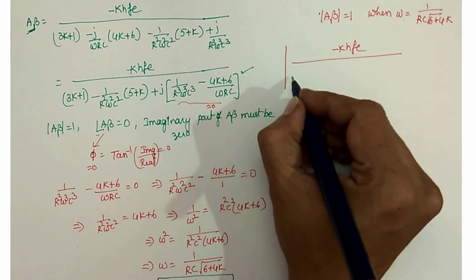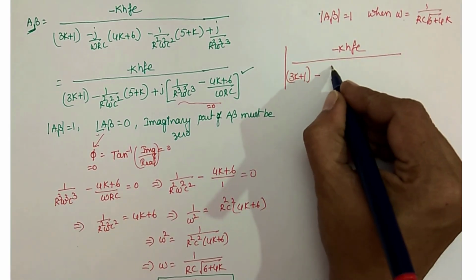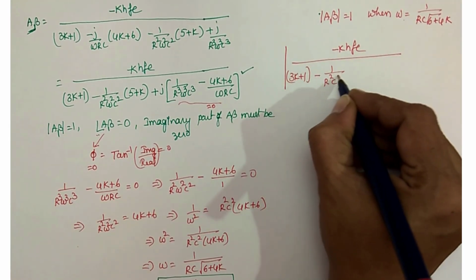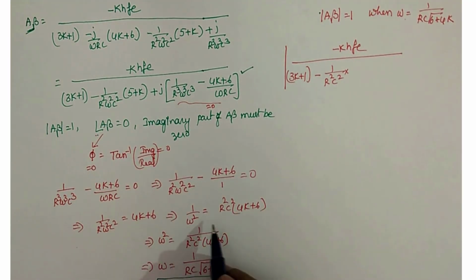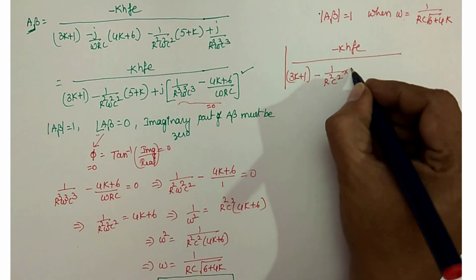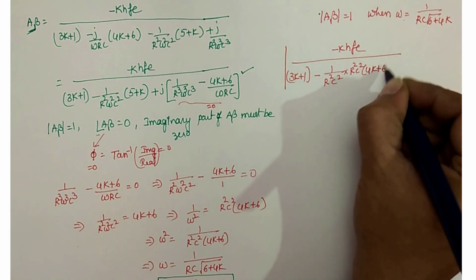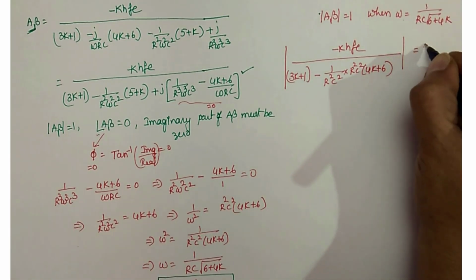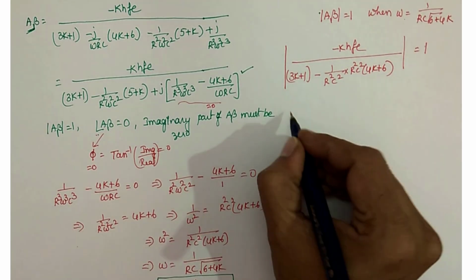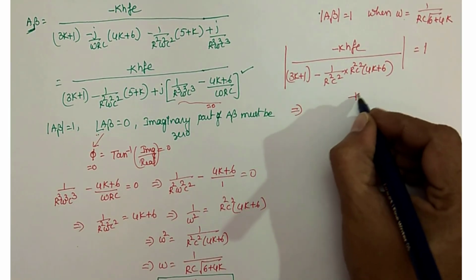Then we'll write it: 3k plus 1 minus 1 by r square c square into, in the place of 1 by omega square, what do you have to write? You have to write this r square c square of 4k plus 6. So this mod is equal to 1. Just you solve it.